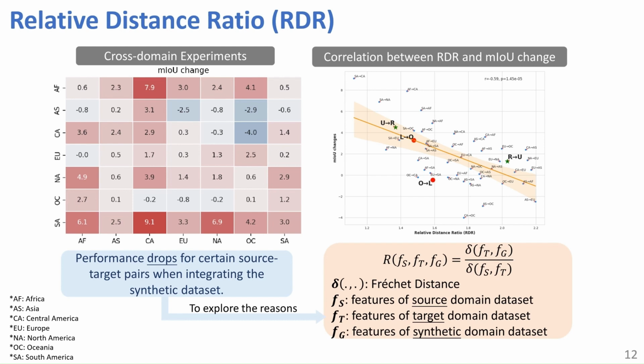This matrix is quite simple: the distance between target and the synthetic domain divided by the distance between source and target domains. The right-hand side correlation figure shows that the smaller the matrix value, meaning the closer the target domain is to the synthetic domain and the farther from the source domain, the more helpful SyntheWorld is. This aligns with our intuition.